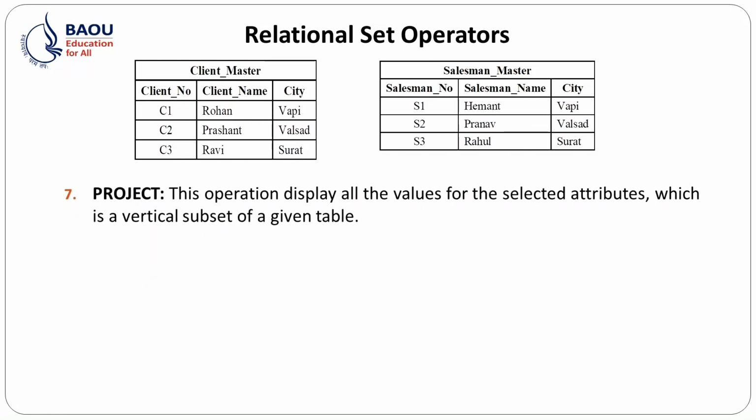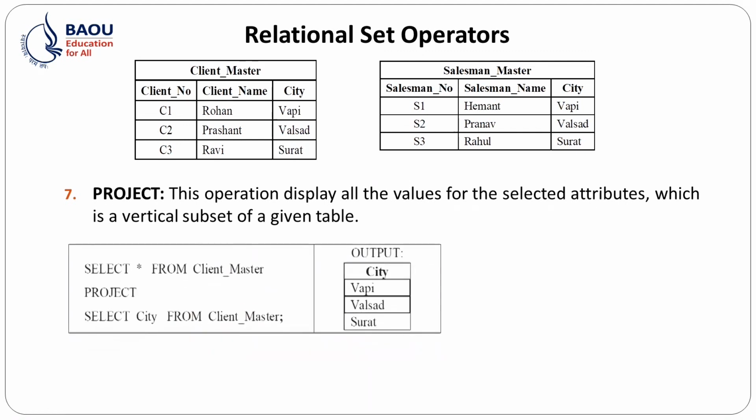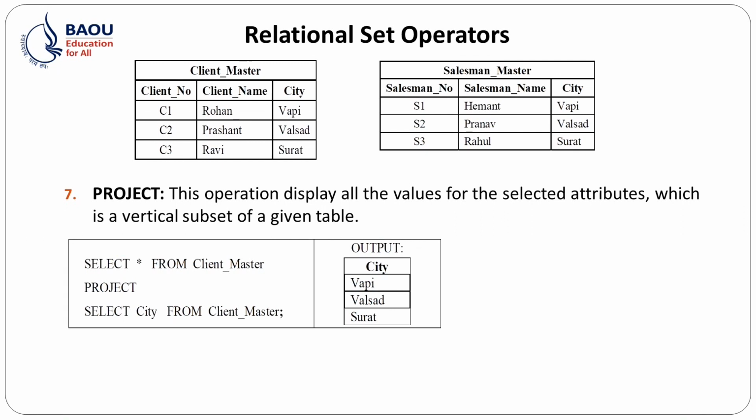Now the next one is project. This operation displays all the values for the selected attributes, which is a vertical subset of the given table. The result of the project operation is shown in the figure. Query 1: select star from the client master. Query 2: project select city from the client master.